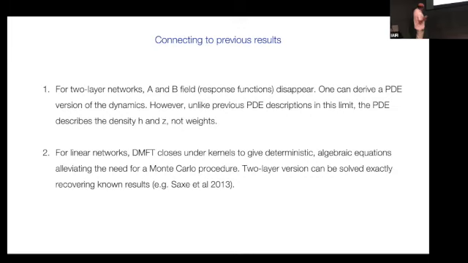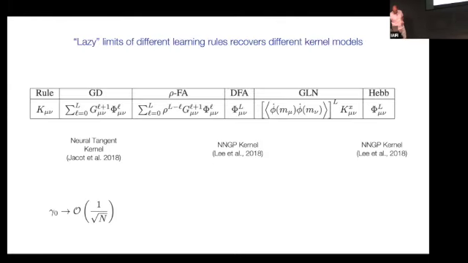And for linear networks, you can show that everything turns into a Gaussian process. So you can express everything in terms of means and correlators, and instead come up with just a set of deterministic algebraic equations. You don't need a complicated Monte Carlo procedure, and solving them in certain versions, you can recover known results.